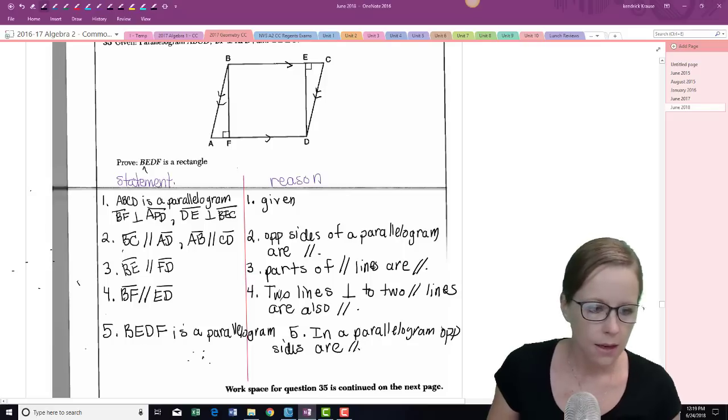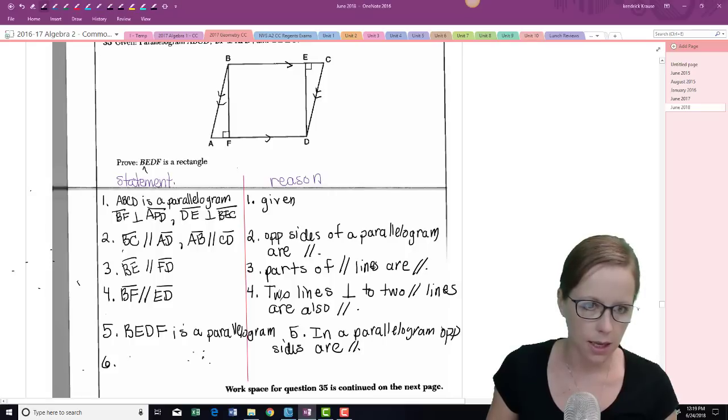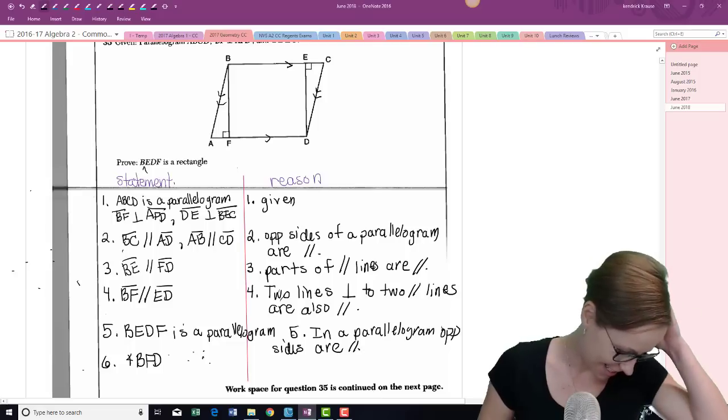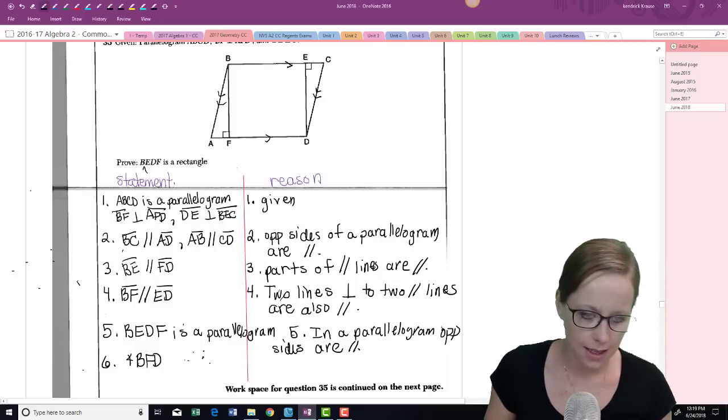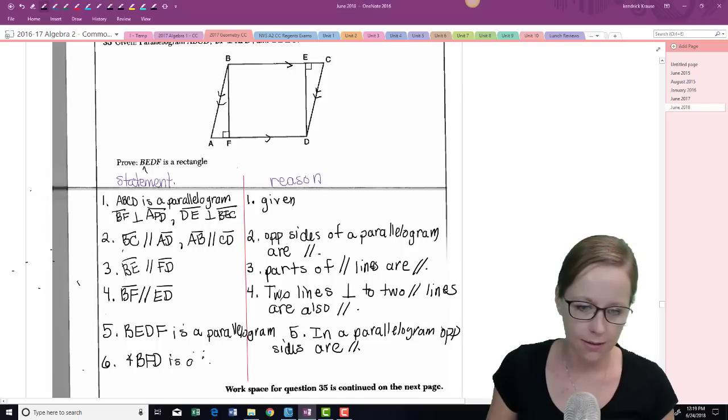Okay. So then we can say angle BFD is a right angle, which, you know, is a big deal.